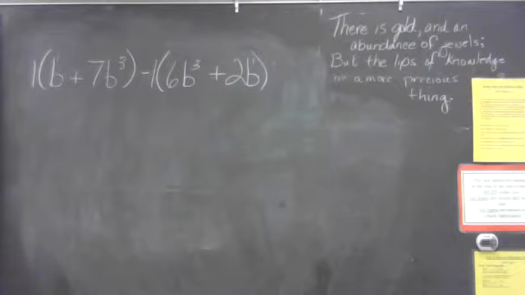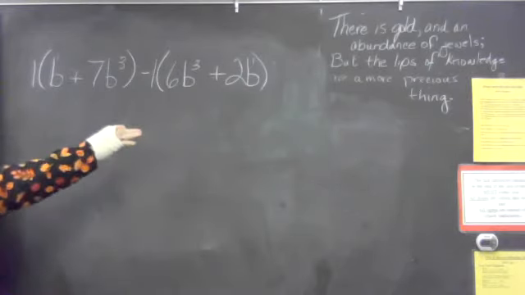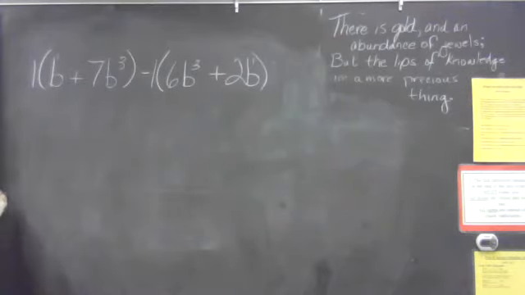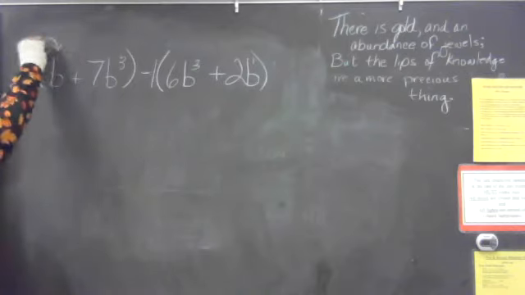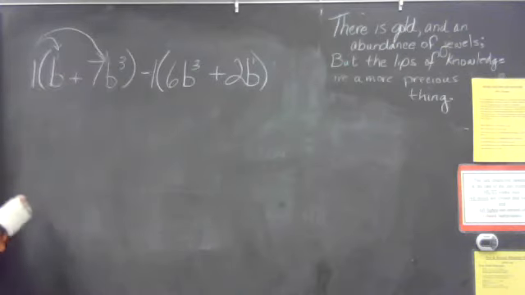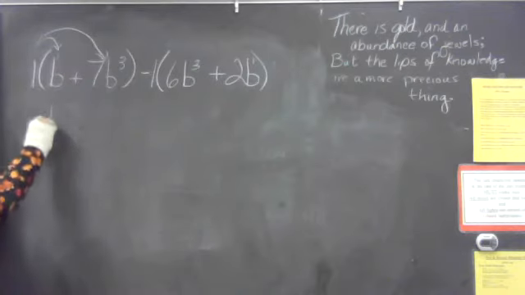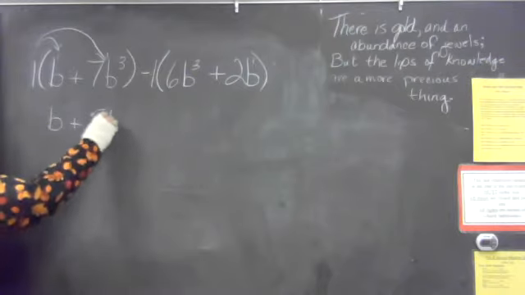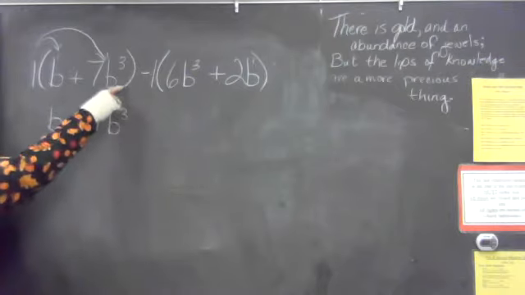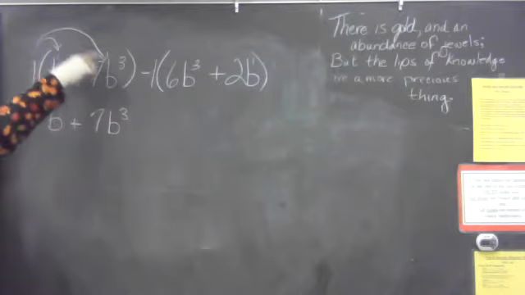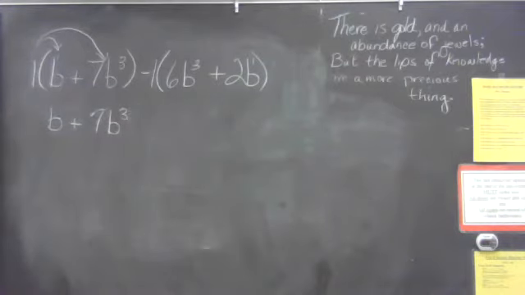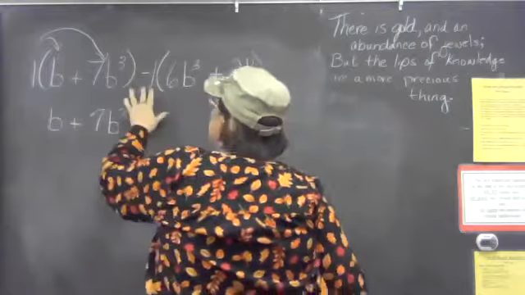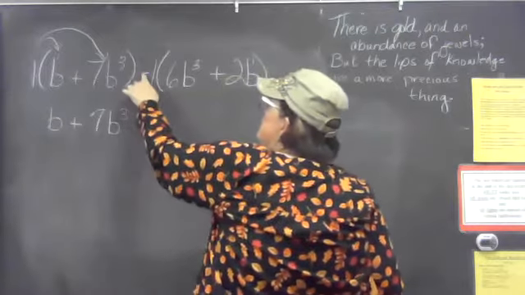So now I have to write this entire thing again, and this is very important to write it without parentheses, which means I'm going to use the distributive property here. And you'll find out it's the same thing. So I have b plus 7b cubed. And I'm at the end of the parentheses, so that's all the multiplying I do for that one. Then I come over here, I have another set of parentheses that has a negative 1.